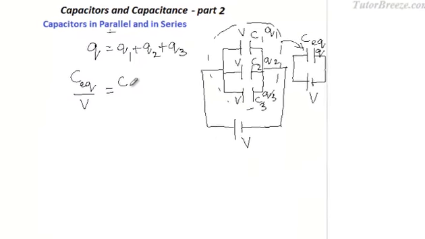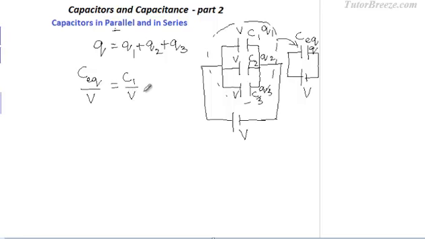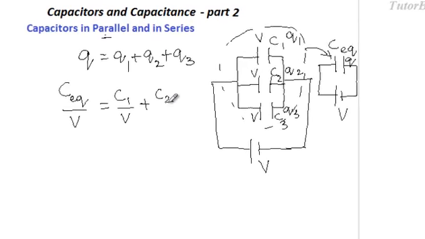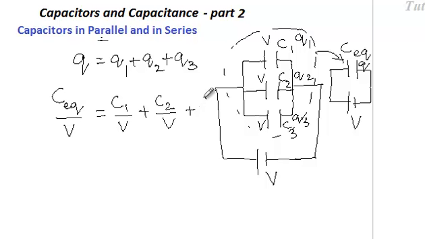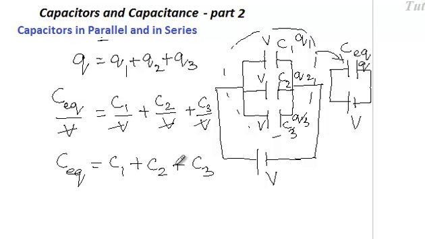So, this will be C1 V over V plus C2 V over V plus C3 V over V. Since V is common, you can cancel it out from all of them. So, you find that C equivalent is C1 plus C2 plus C3.